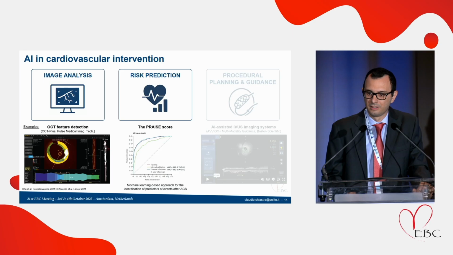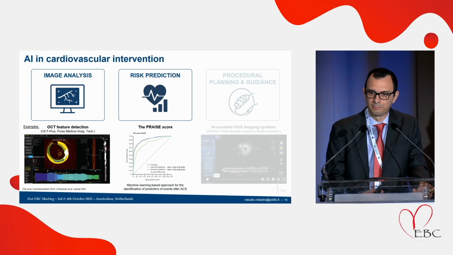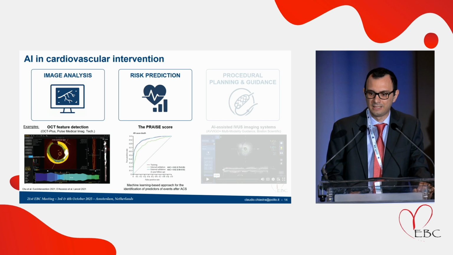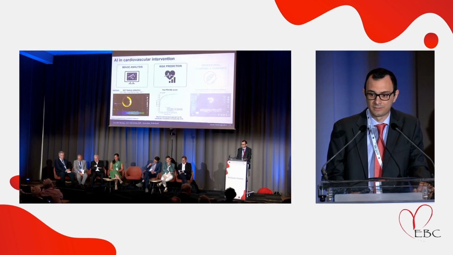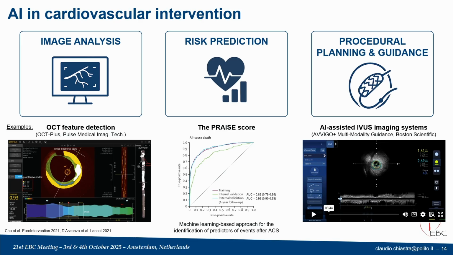Second task is risk prediction, and just mention the PRAISE score, which was published a few years back in Lancet, and it is a machine learning-based approach for the identification of predictors of events from acute coronary syndrome with a very good performance. And finally, third task is procedural planning and guidance. And I mentioned this AI-assisted IVUS imaging system from Boston Scientific.